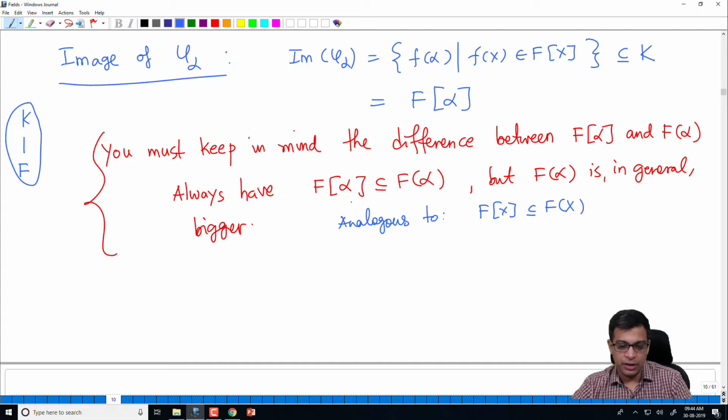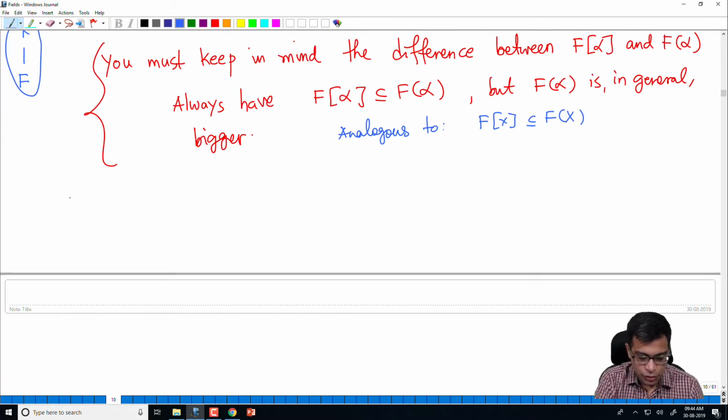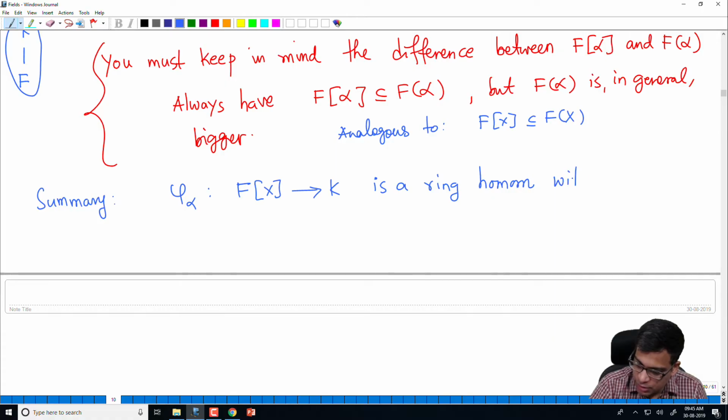The image of phi alpha is F square bracket alpha. So what do we have now? The summary is that phi alpha from F[x] to K is a ring homomorphism with kernel.